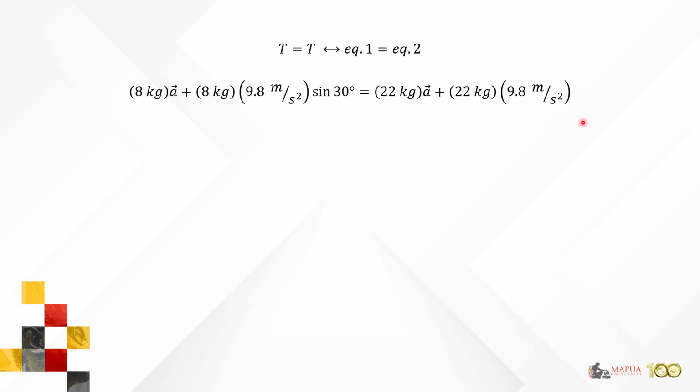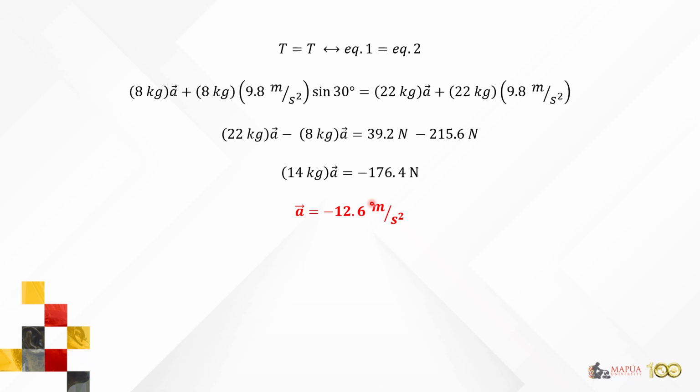Next, evaluating, we want to isolate a. Notice that we only have one unknown value here, which is a, acceleration. To isolate a, all the terms with a are on the left side, and all the terms without a on the right side. Then we can factor out a here. You should get an answer of a is equal to negative 12.6 meters per second squared.